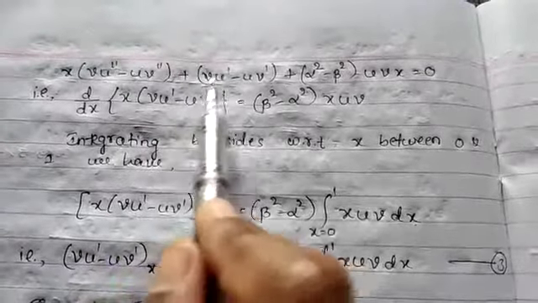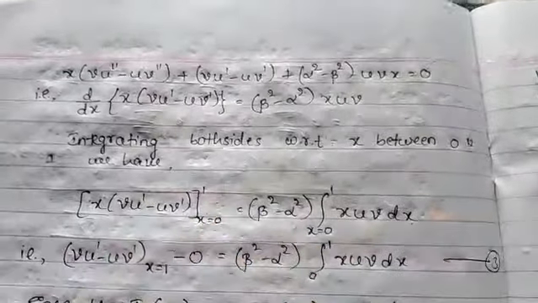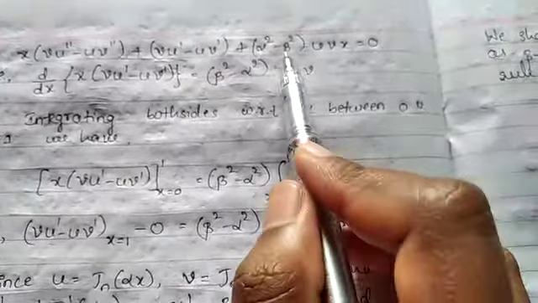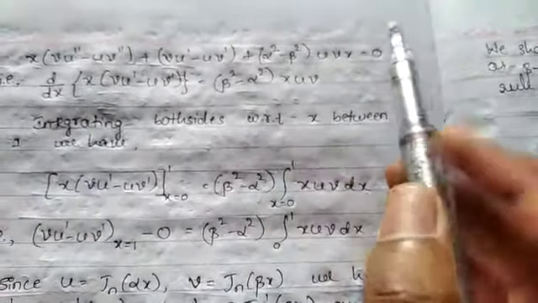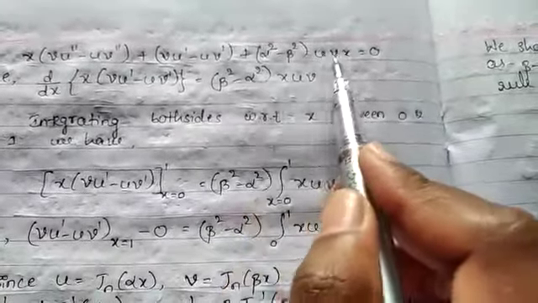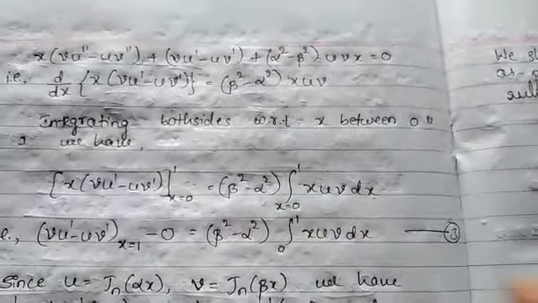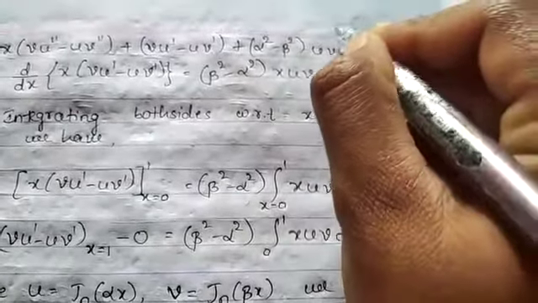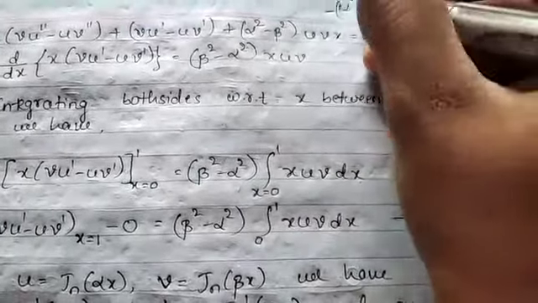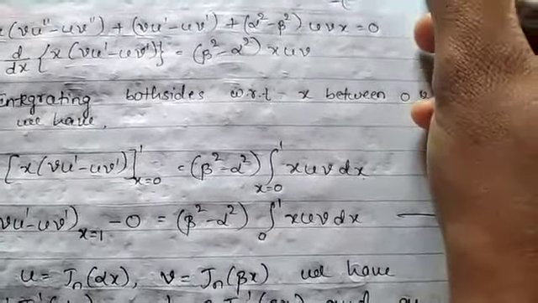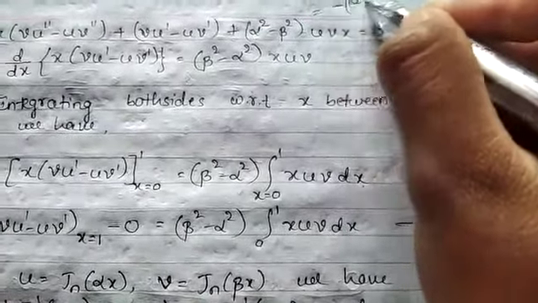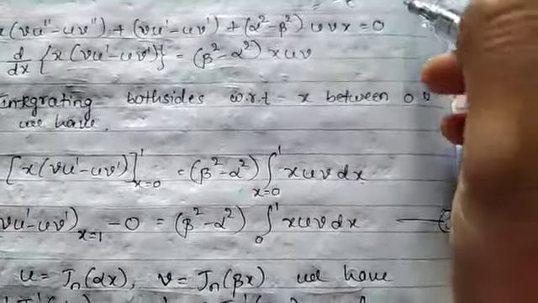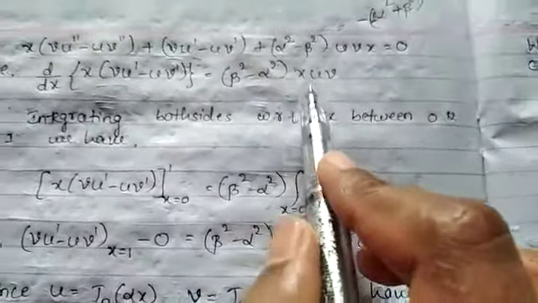Then keeping this constant, differentiating x with respect to x gives 1. Taking the remaining terms to the other side, we obtain beta square minus alpha square into x u v.